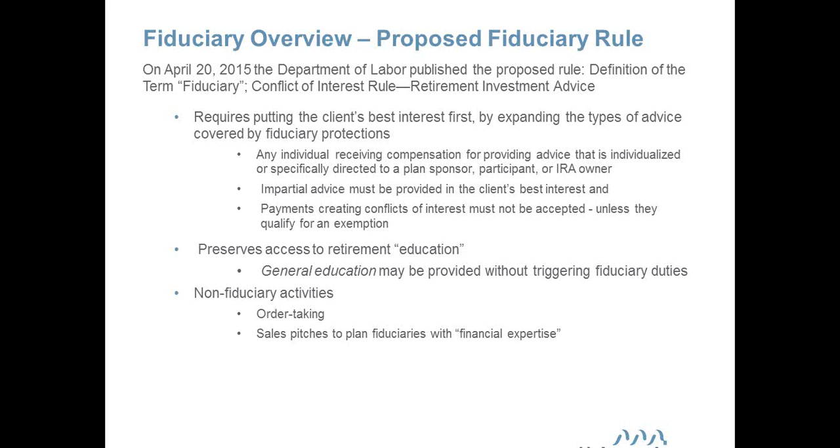So there's a big difference between suitability and best advice. Under this new proposed rule, the impartial advice must be provided in the client's best interest. Any payments creating conflicts of interest cannot be accepted unless, of course, they qualify for an exemption.